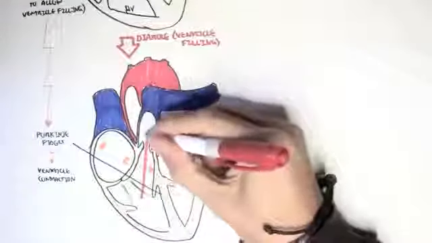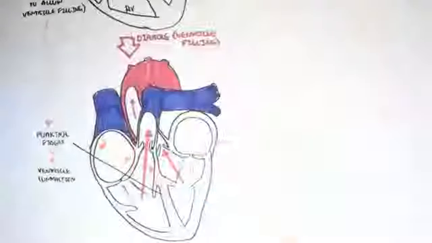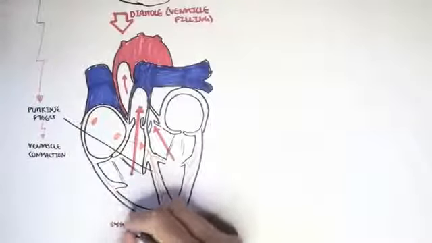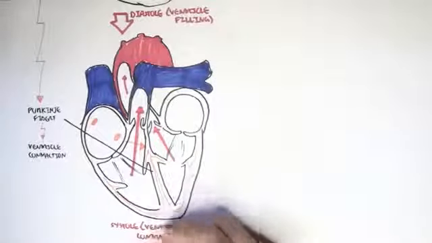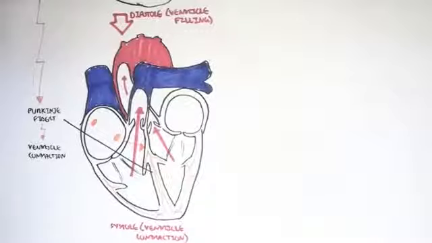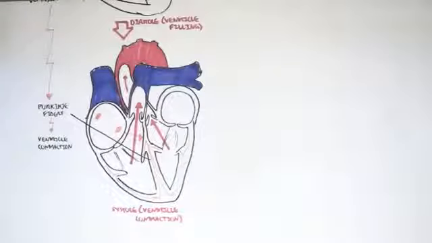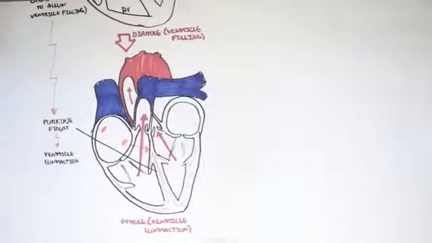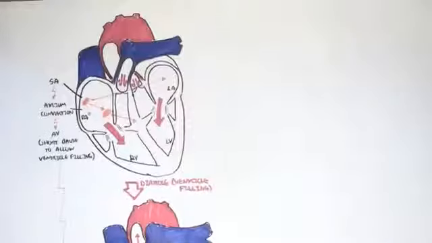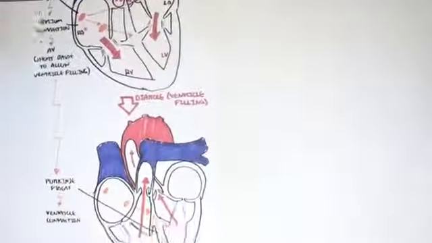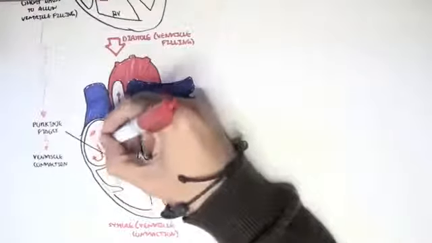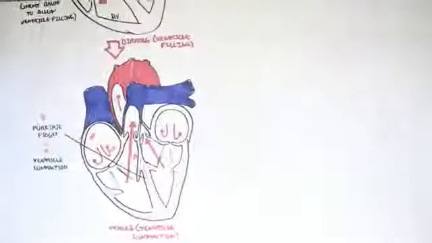This process of ejecting blood out of the heart through the pulmonary artery and the aorta is known as systole, where the ventricles contract and eject blood out. So we have diastole and systole. Diastole is filling, systole is contracting. And during contraction, there can be no blood coming from the atrium to the ventricle.